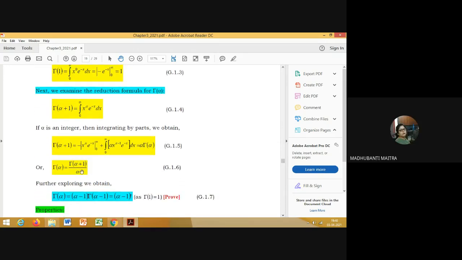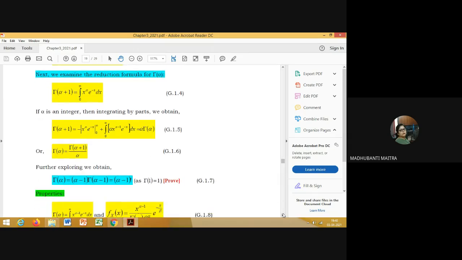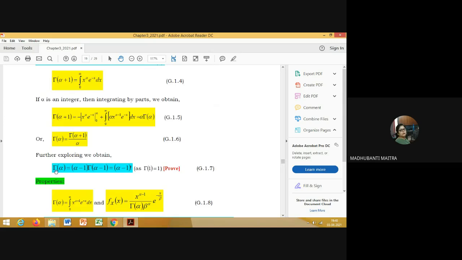Further, gamma of alpha is equal to alpha minus 1 into gamma of alpha minus 1, and finally, since tau 1 is equal to 1, the gamma function of alpha will be equal to factorial alpha minus 1.